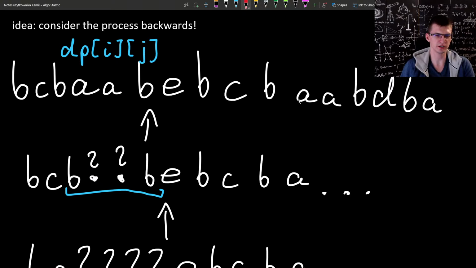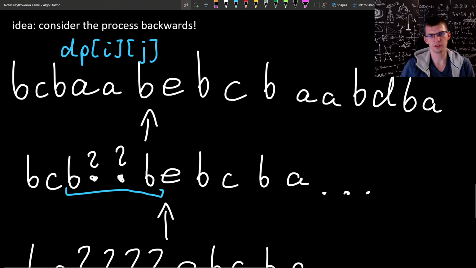If this question mark is A, it's also fine, I'm going to overwrite it. You might say, what if it's AA? Then apparently I already changed some question marks to AA. But here I just say that if the last operation is AA, then this will give me the final string if the string a moment ago had two question marks here.